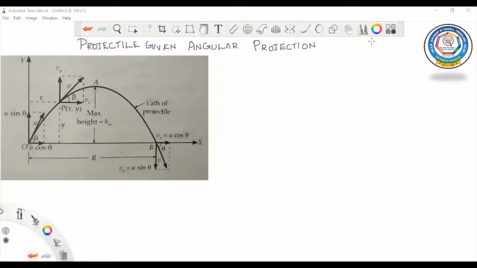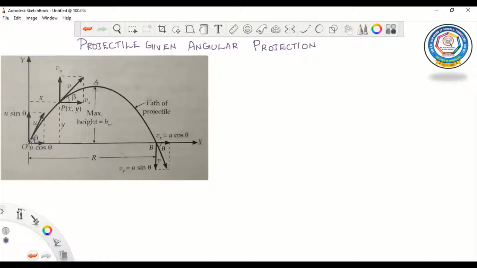Now, I am going to explain a projectile fired at an angle theta with the horizontal. Let us consider a body projected with the initial velocity u making an angle theta with the horizontal.